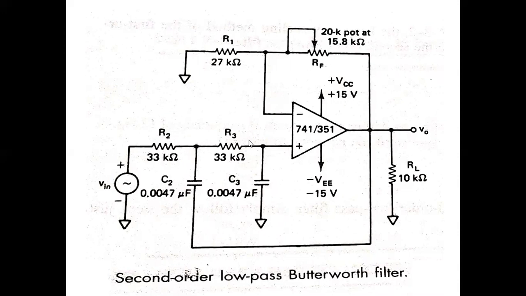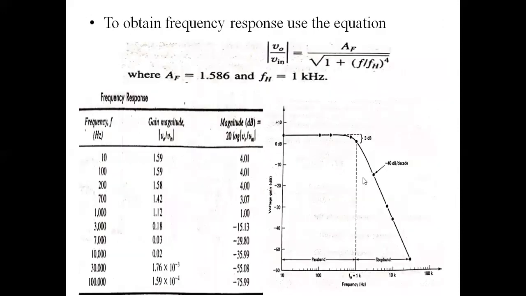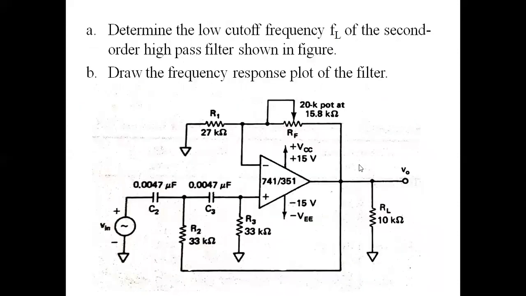Just substitute those values, and that will show the second order low pass Butterworth filter. In this way, we can calculate it. Okay, and this is the frequency response of the second order low pass Butterworth filter.